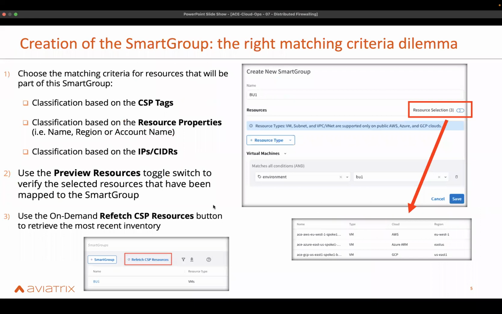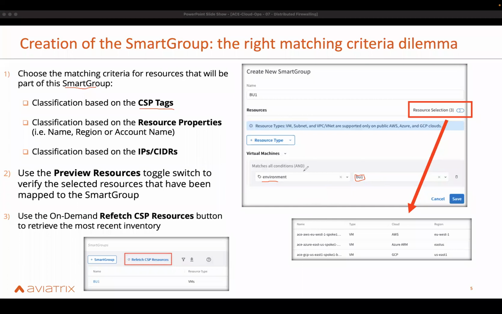So this is what we're talking about. You create a smart group, and generally we think CSP tags are the best way to do it. Again, if you want IP addresses, they are available. And you can say, give me all resources that belong to BU1. Obviously, this is very simple, but if you want to do something a bit more complex, that is also possible.